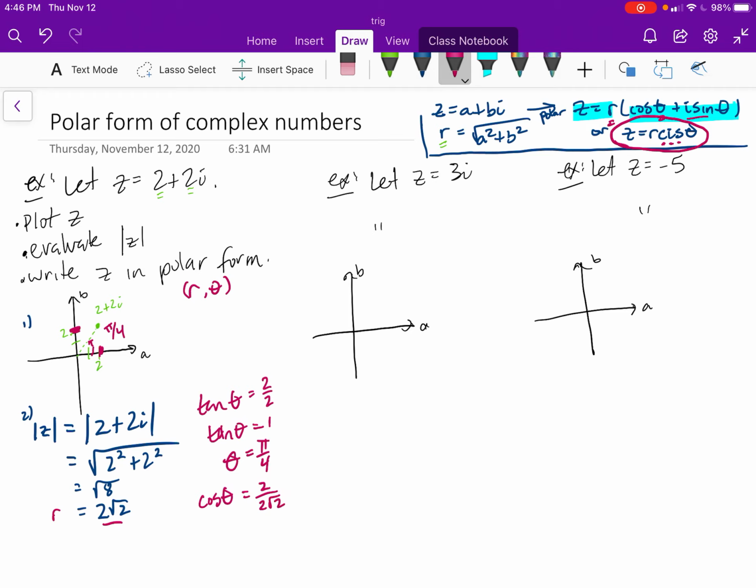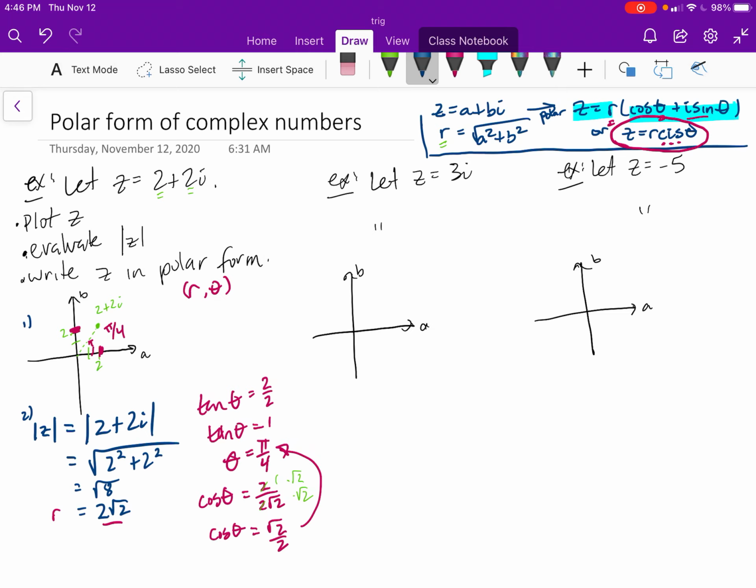And if we rationalize, we could reduce and rationalize, multiply by root 2 over root 2. Now we're thinking, where's cosine theta equal to root 2 over 2? Again, that leads to pi over 4, right? So use any of the information you have to get that angle. Sometimes you can even just see it.